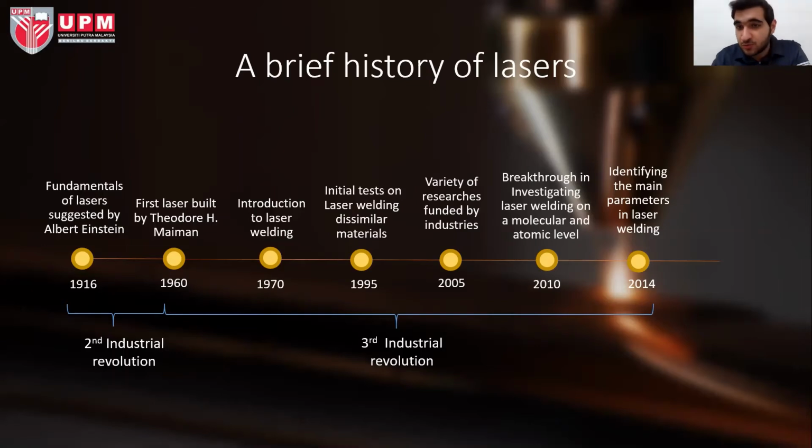And it was no surprise that in 2014, we got an identification of the main parameters in laser welding. This is a breakthrough in its own right as well, because nowadays anyone who wants to perform any type of laser welding can easily play with these parameters and make the outcome much simpler and more precise.